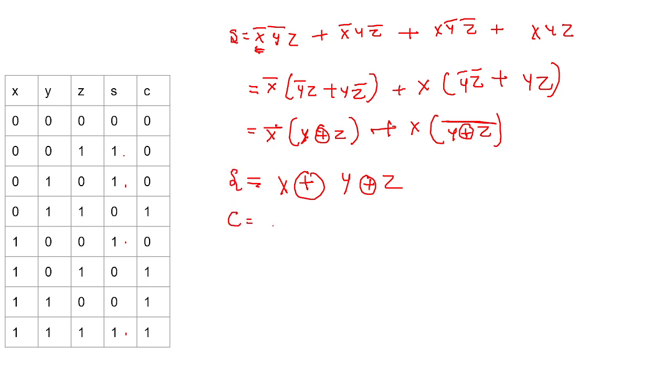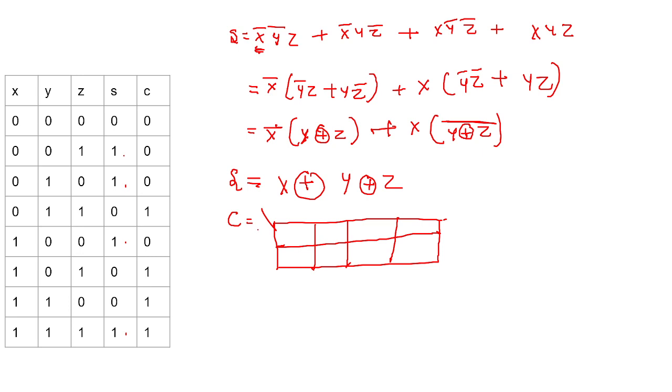Same way for carry. Okay, this we can minimize. So I can write it in the form of a K map. I'm taking z here, and xy. So this will be 0, 1, 2, 3, gray code, 4, 5, 6, 7. So 0 0, 0 1, 1 1, 1 0, and then 0, 1.